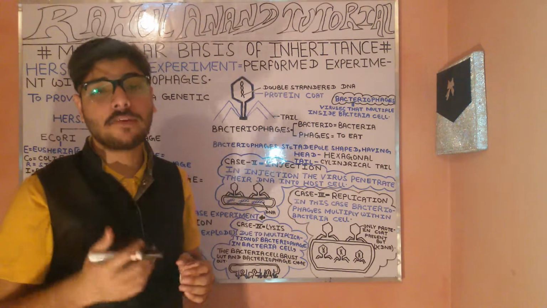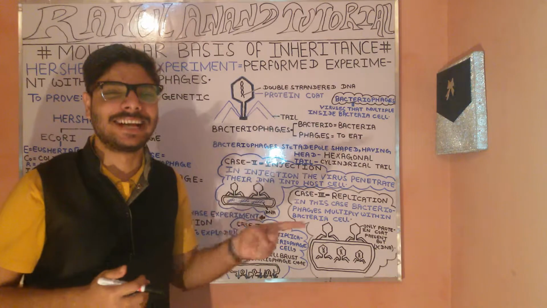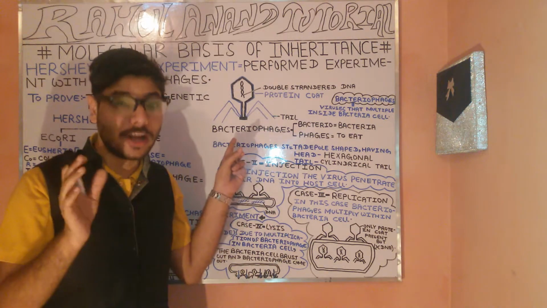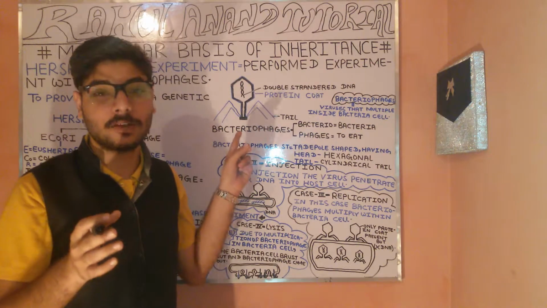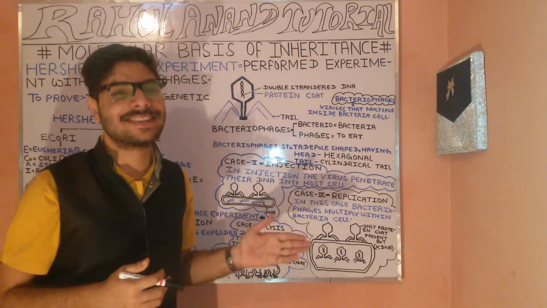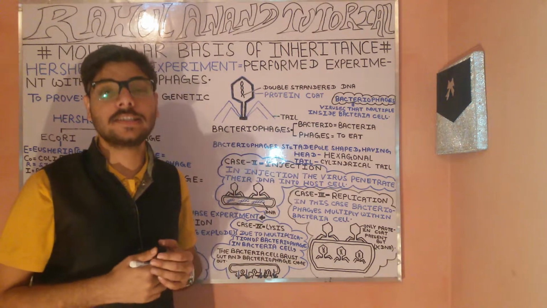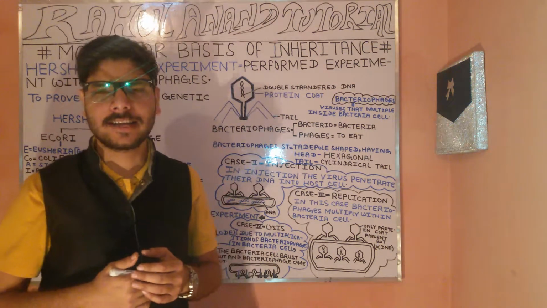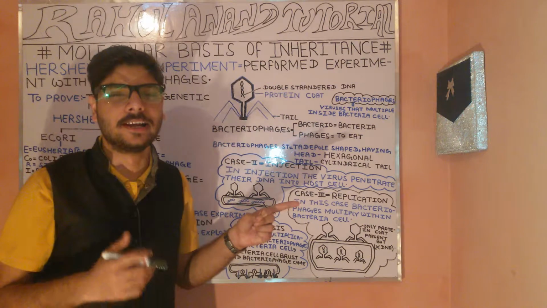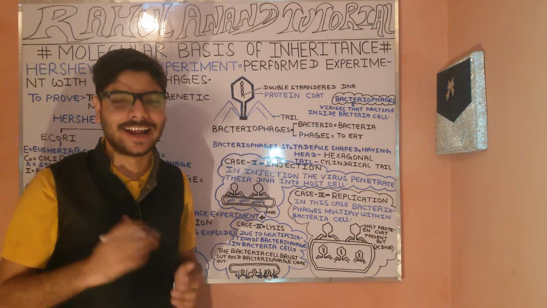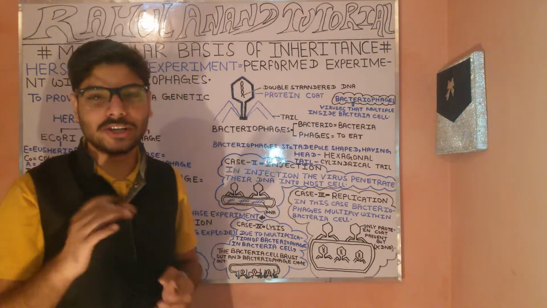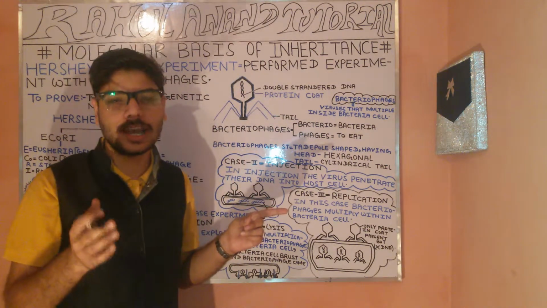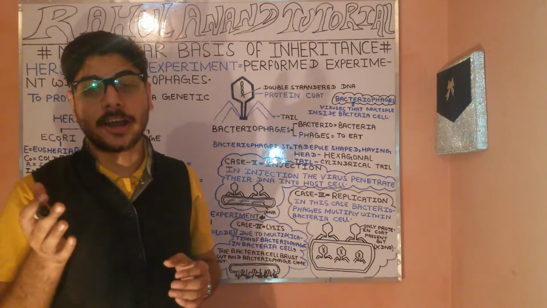Now, if I am talking about DNA, the genetic material, it is composed of two polynucleotide chains, often known as a ribbon-like structure, which has nitrogenous bases. In DNA you will have adenine, guanine, cytosine, and thymine.